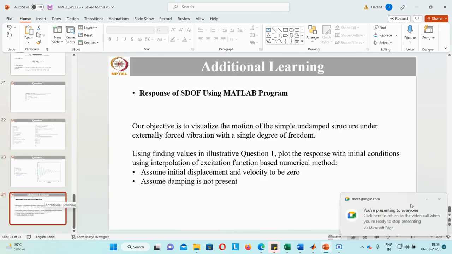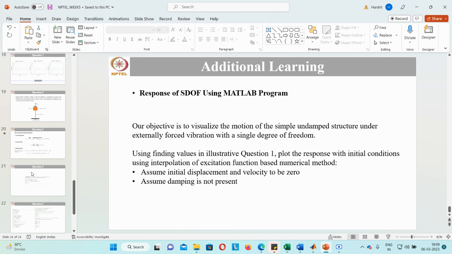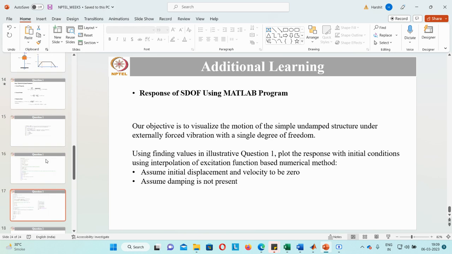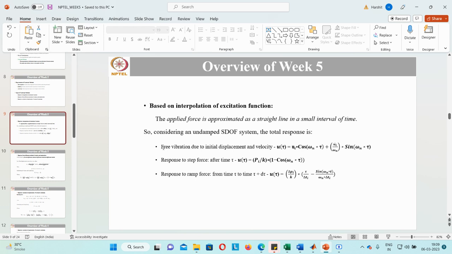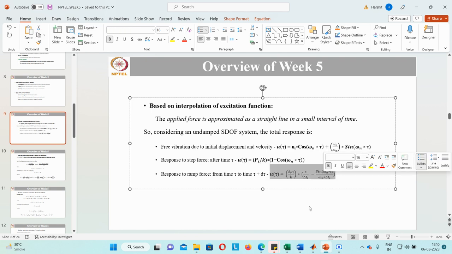So in addition to this, we can also see it based on interpolation of the excitation function. So what you can do, just assume the initial displacement and velocity to be zero and there is no damping present. So once there is nothing such present, you can define one response by this equation, one response by this equation, and a third response by this equation.